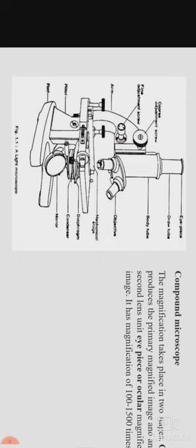A magnified sharp image of object can thus be seen through the ocular lens by focusing the coarse adjustment, keep on seeing on diagram, and fine adjustment knobs properly. We can increase or decrease the magnification of the image by changing the objective lens of high or low power.